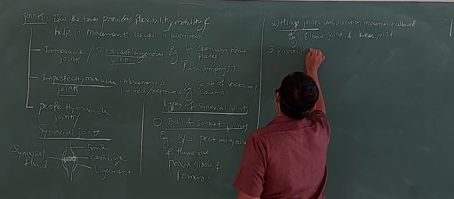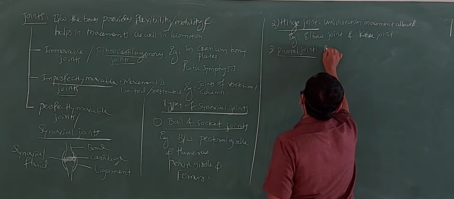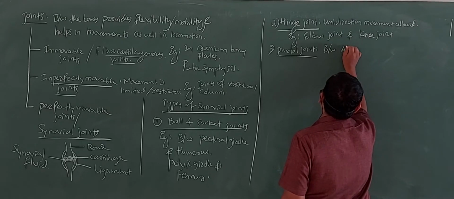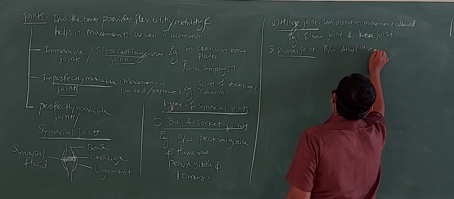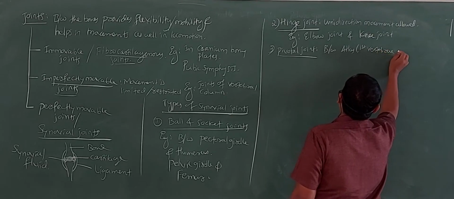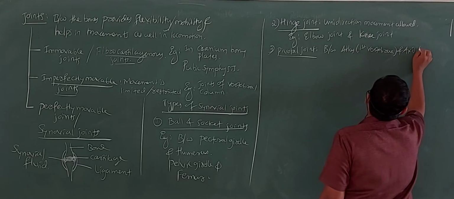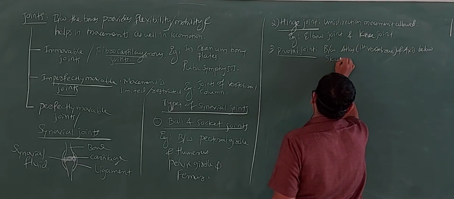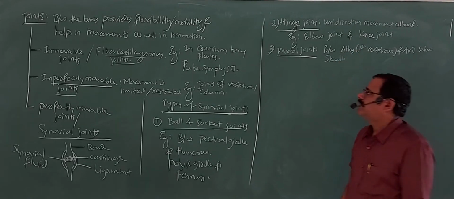The pivotal joint is found between the atlas, the first vertebra, and the axis below the skull. Our skull is dicondylic.